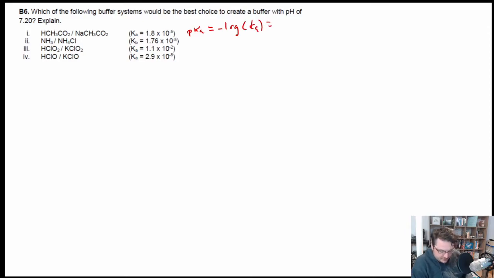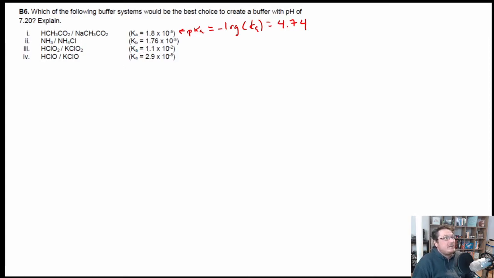So negative log of 1.8 times 10 to the negative fifth gives a pKa of 4.74.